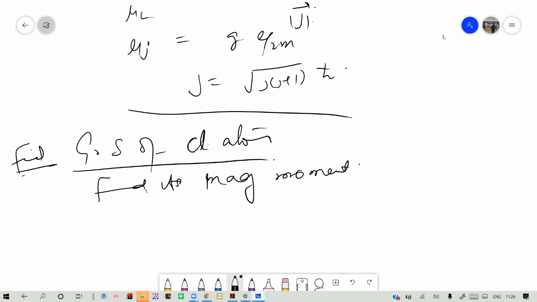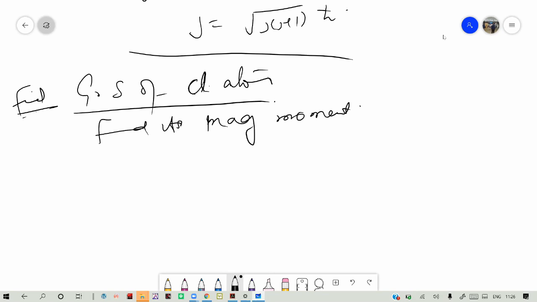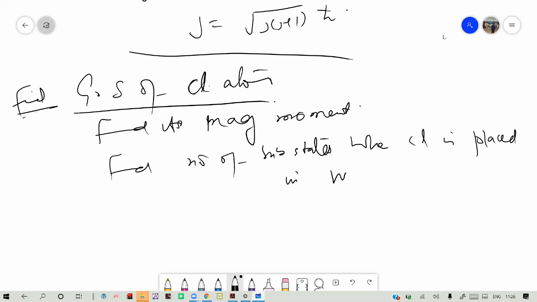Then you also have to find into how many substates this ground state will split when chlorine atom is placed in a weak magnetic field.